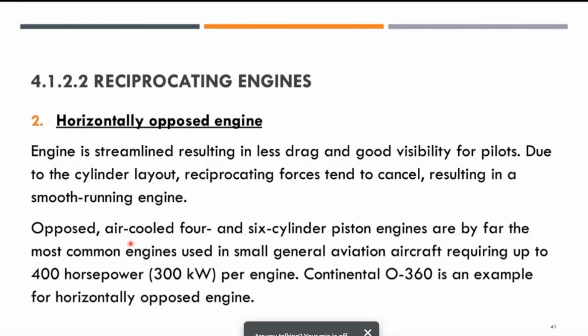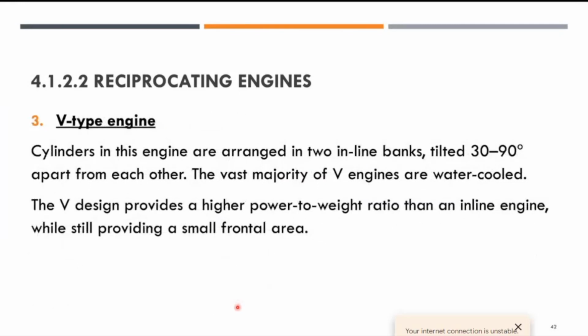Opposed horizontal engines are air-cooled. 4 and 6 cylinder piston engines are by far the most common engines used in small general aviation aircraft, requiring up to 400 horsepower, up to 300 kilowatts per engine. An example is the Continental O-360. This is a good example of a horizontally opposed engine.